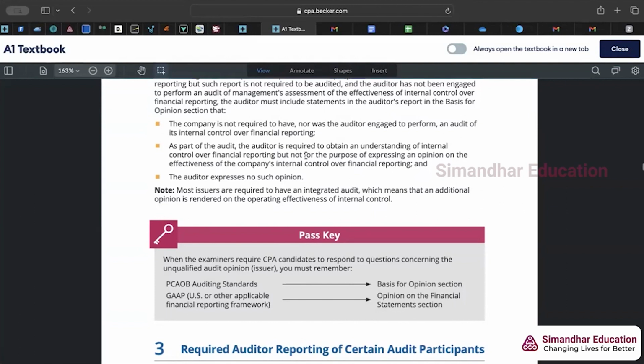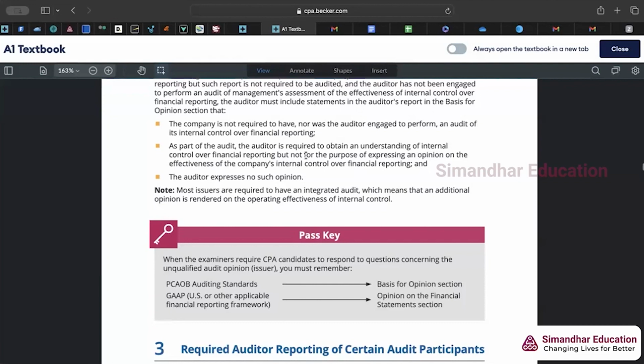Let's go back to chapter 3. Same way, let's summarize all types of opinions. If there is no material misstatement in the financial statements or there is no audit issue, you give an unmodified or unqualified opinion.